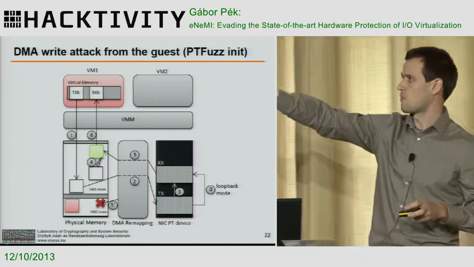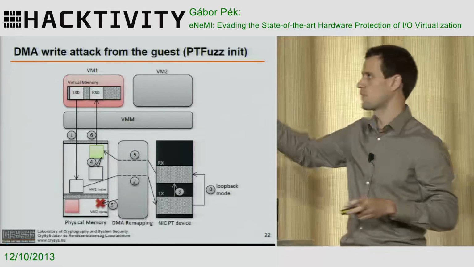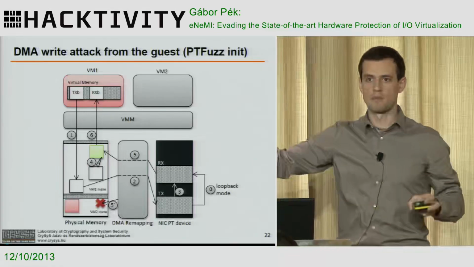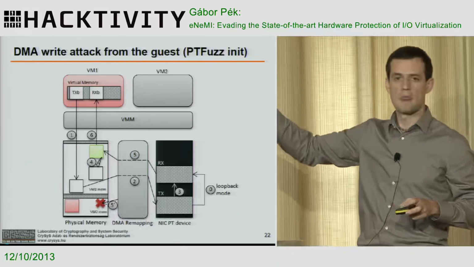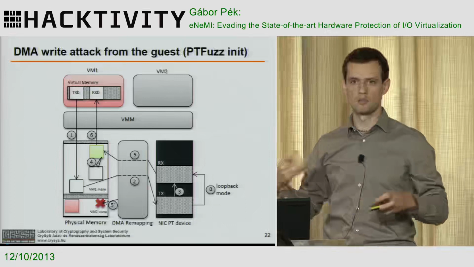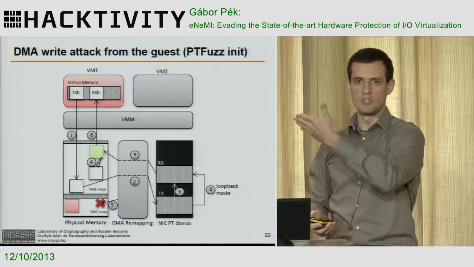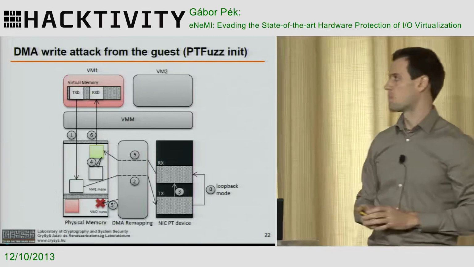You have a guest physical memory of this virtual memory. You have a DMA remapping engine enabled, and you have a pass-through device. This pass-through device has two internal buffers: one for the sent bytes, the TX, and the RX for the received bytes.